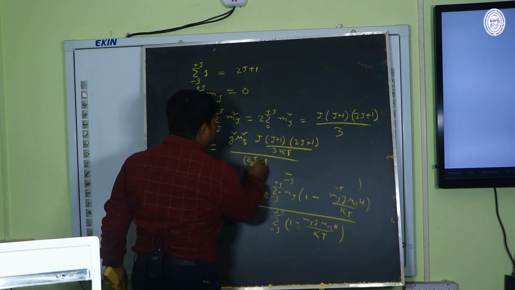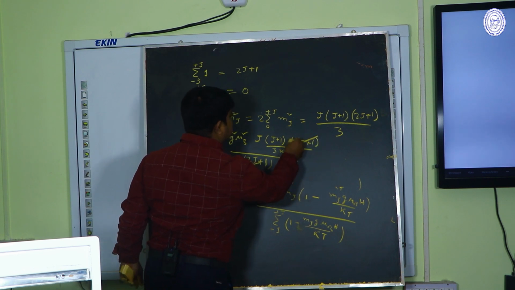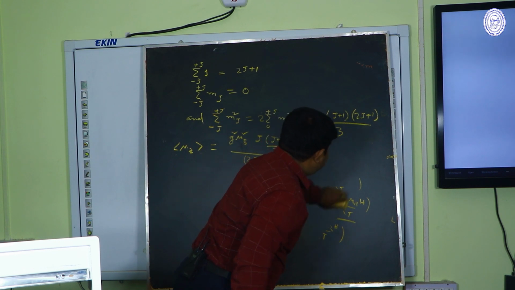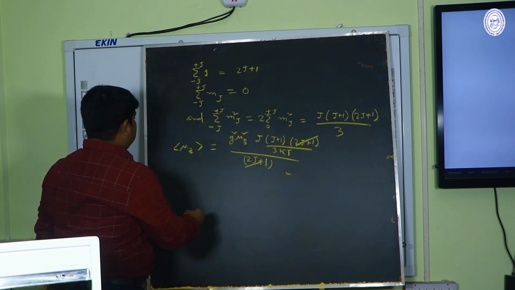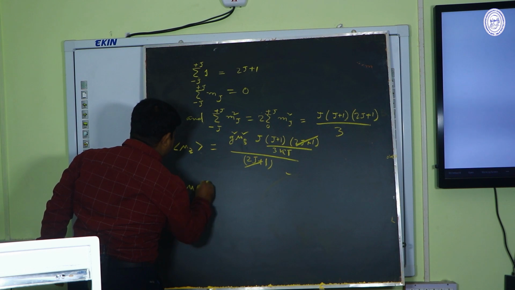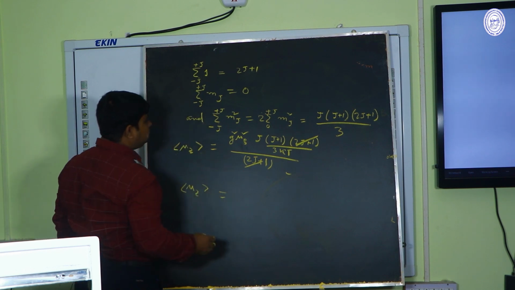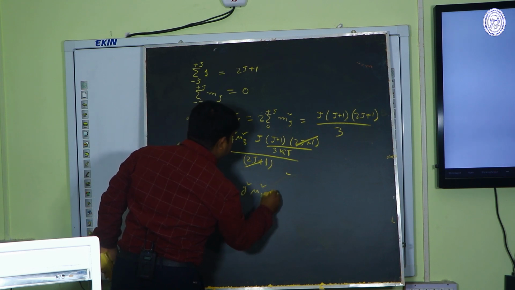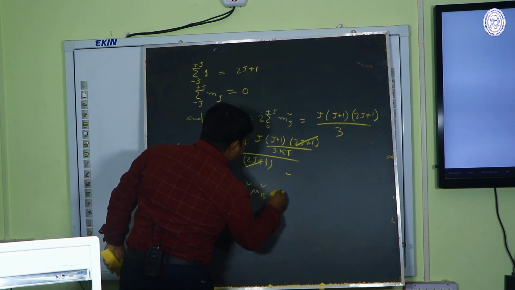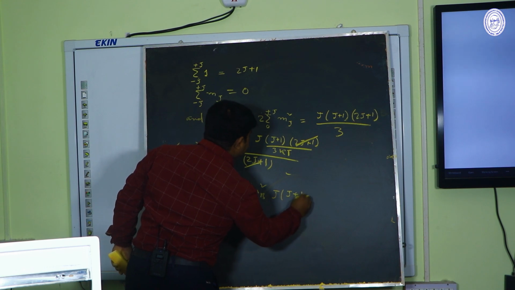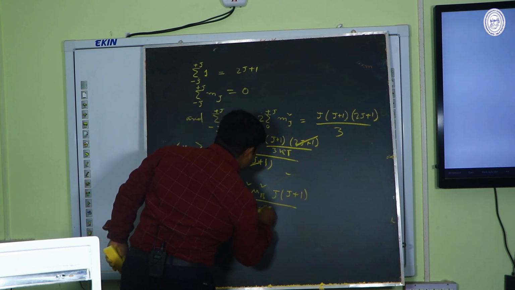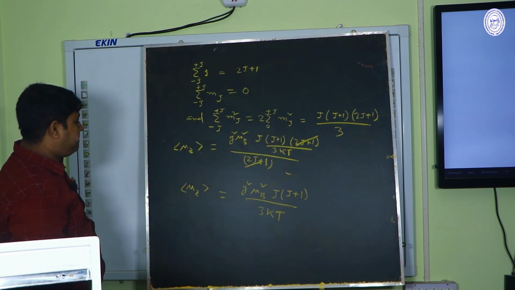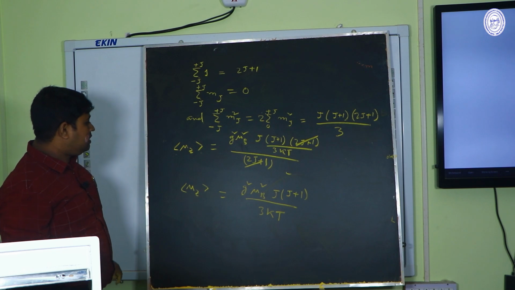So 2j plus 1 cancels with 2j plus 1. Or mu z average is equal to g square mu b square j into j plus 1 by 3 kT into H.